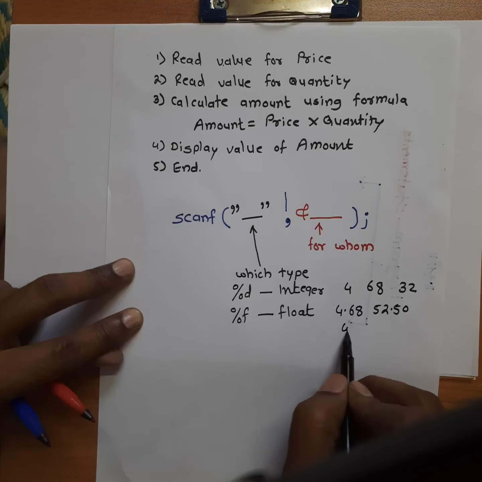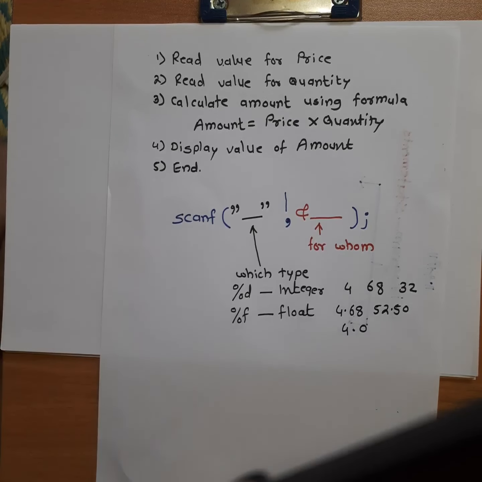Or if you consider 4.0, it is also considered a float number. In real life, the meaning of 4 and 4.0 is one and the same. But in a programming language, the meaning of 4 and 4.0 is totally different. 4 is considered an integer number and 4.0, with the decimal point, is considered a float number.